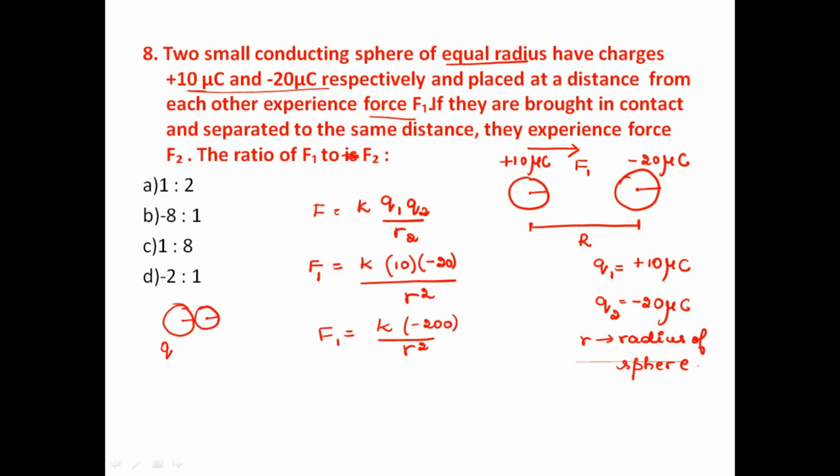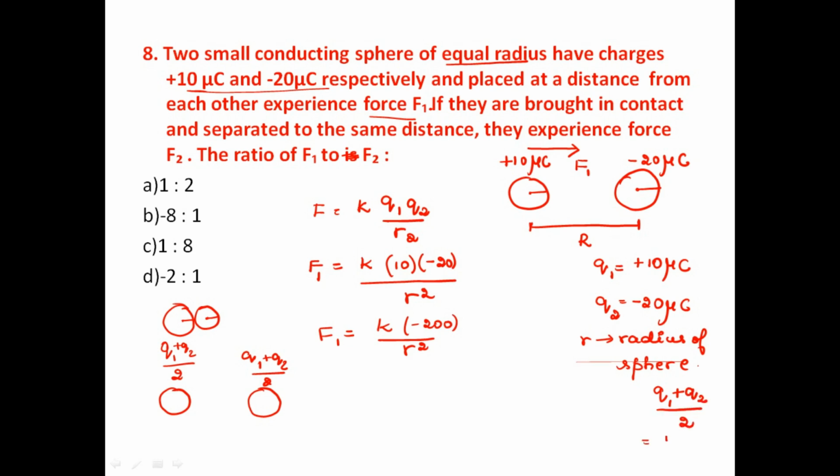It becomes Q1 plus Q2 by 2 on one sphere. For the other sphere, the charge is again Q1 plus Q2 divided by 2. The charges got equally distributed and hence the charge on each sphere will be Q1 plus Q2 divided by 2.